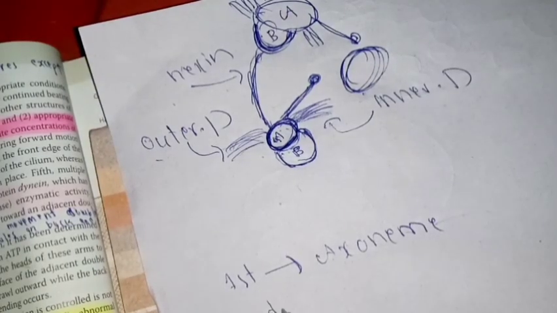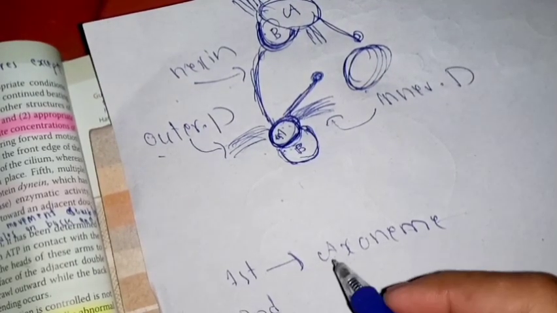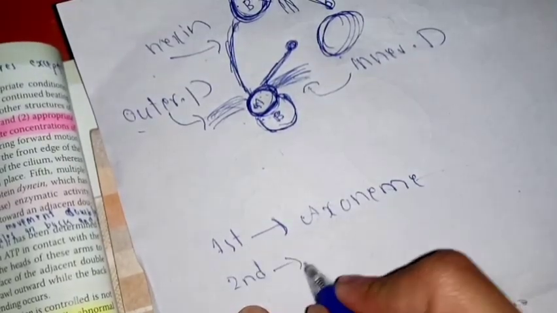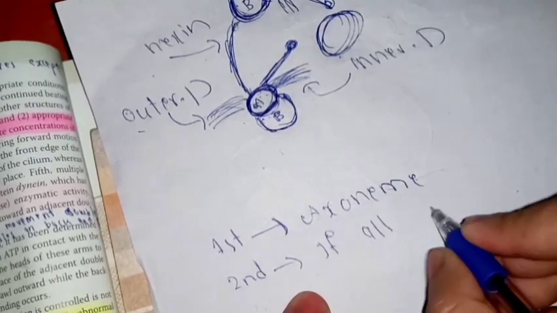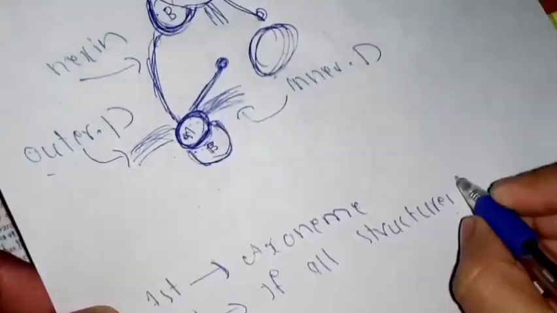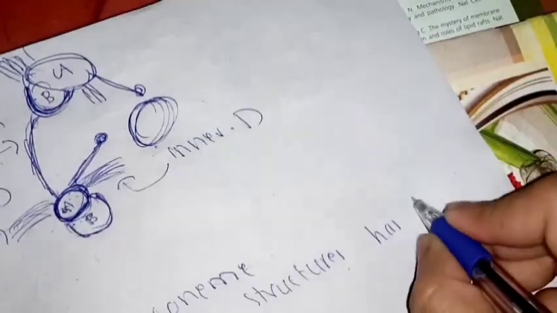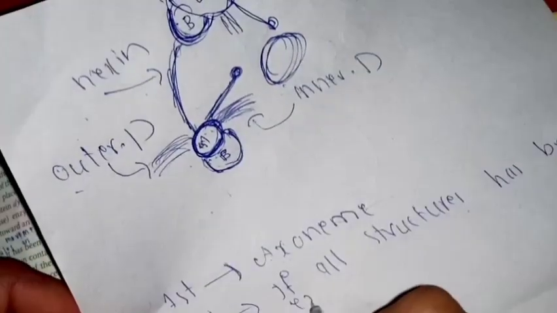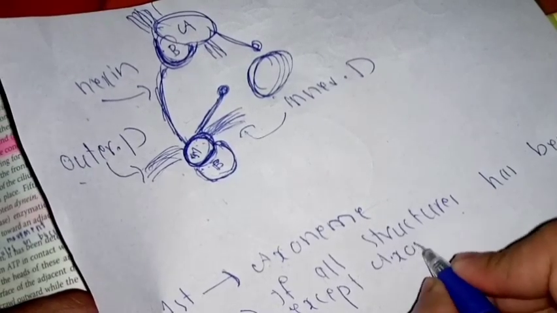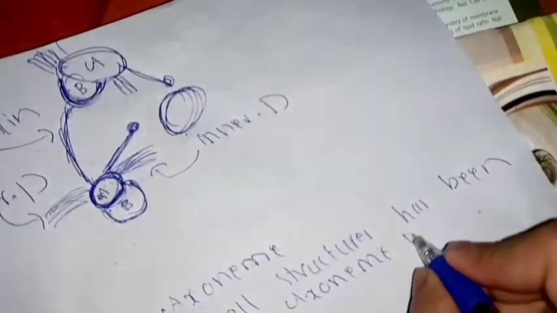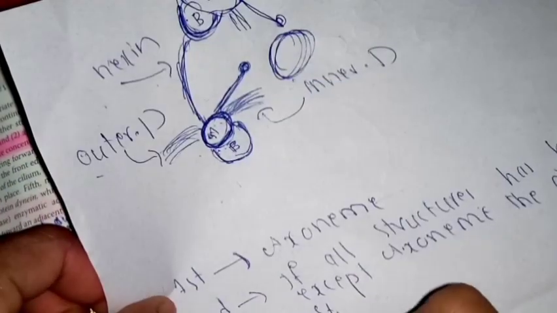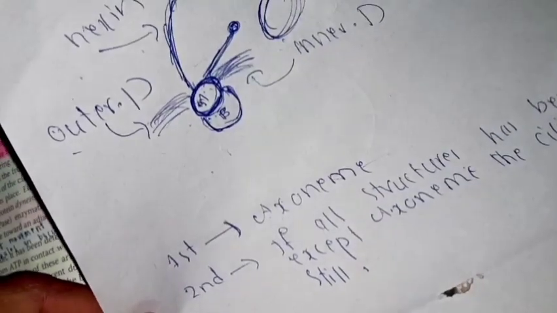Second, if all the structures have been removed except the cilia axoneme, then the cilia can still beat.